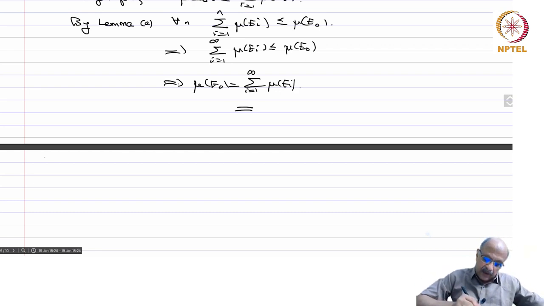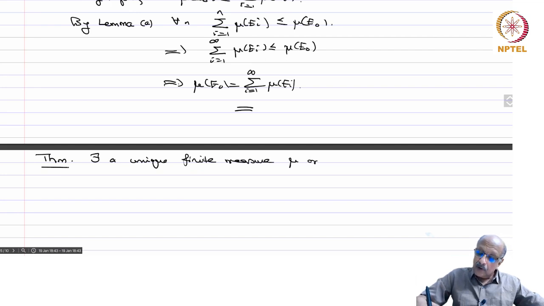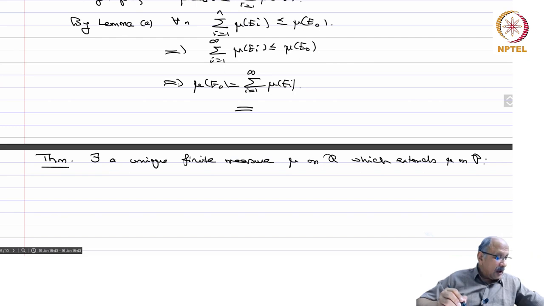Okay, so now we have a theorem. There exists a unique finite measure mu on R which extends mu on P. Okay, so we have found a ring.